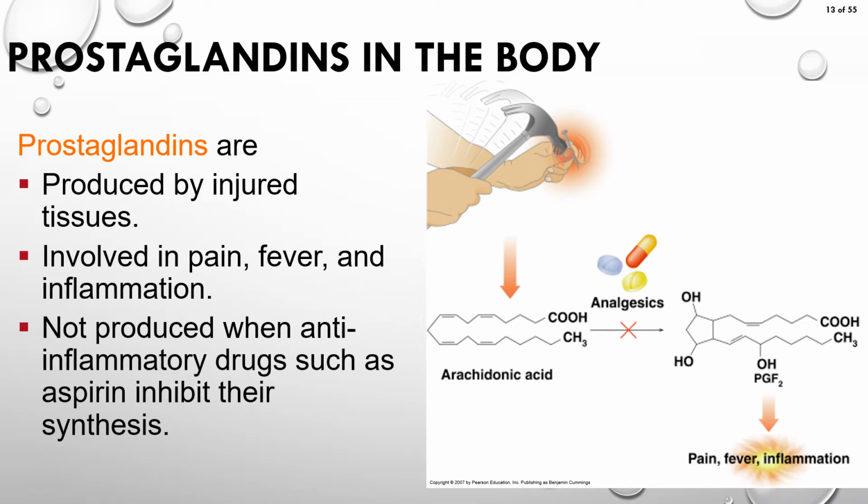Okay, so let's go back. What does aspirin do when one feels pain? When one feels pain and takes aspirin, the aspirin will block the enzyme called cyclooxygenase or COX-1 and COX-2, which is involved with the ring closure and addition of oxygen to arachidonic acid.